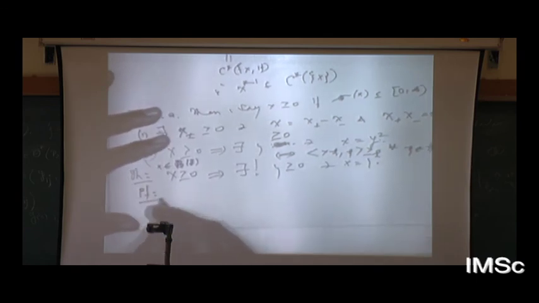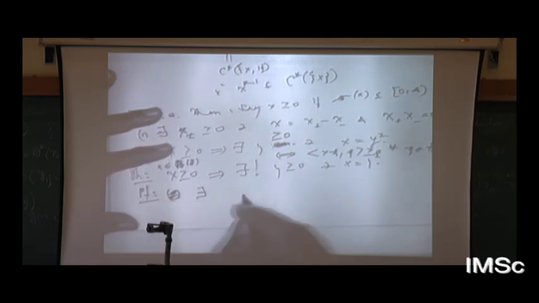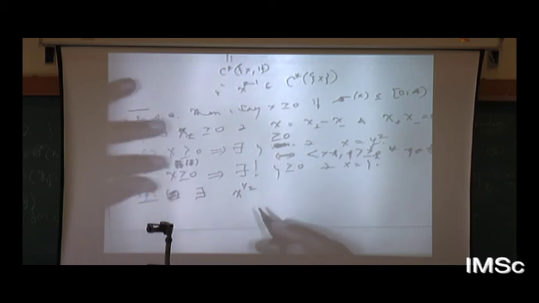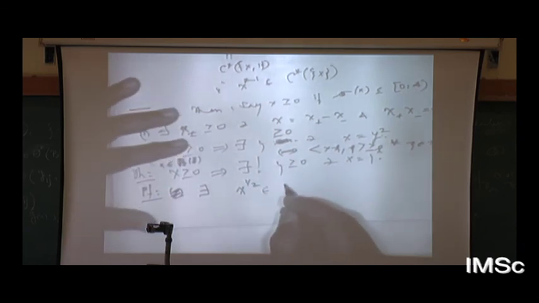First I'm saying that there exists something that I'll call X to the half, which is the functional calculus applied to X. That is, take the square root function on the spectrum of X and apply that function to X, which is positive.